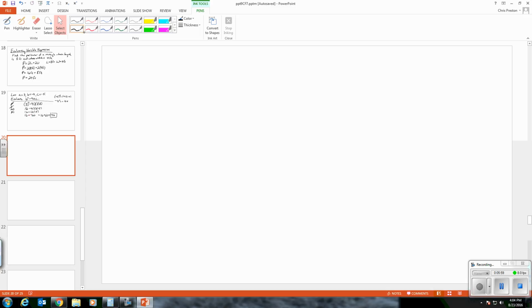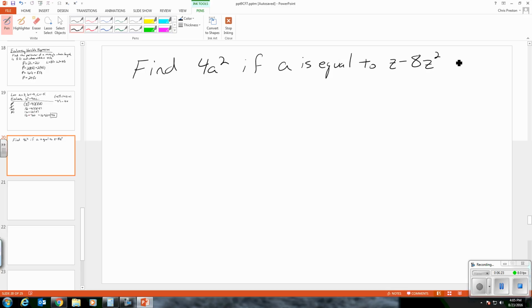You might say, let's say it says, find 4a squared if a is equal to z minus 8z squared when z is 2.